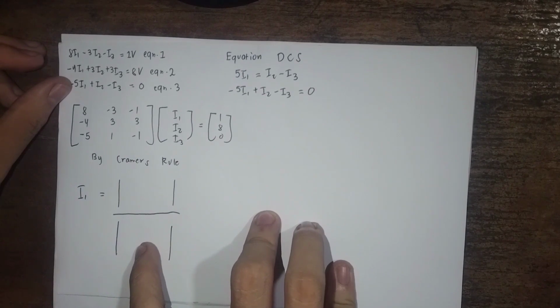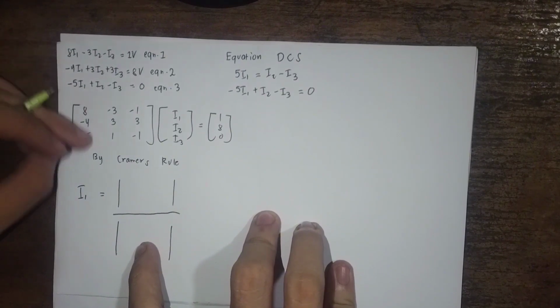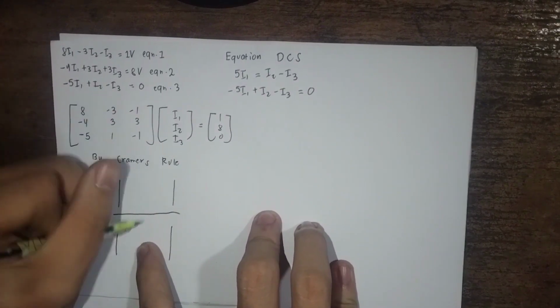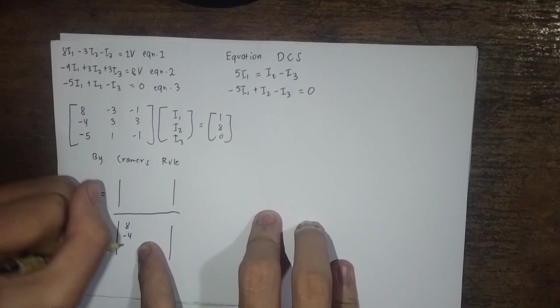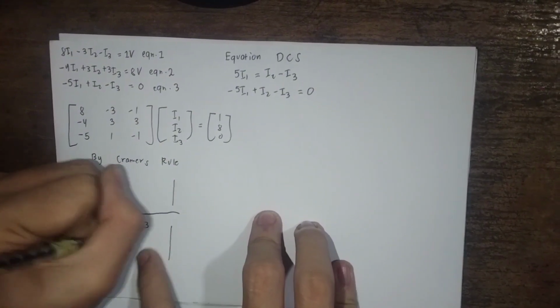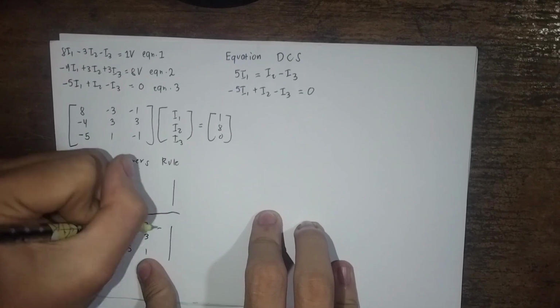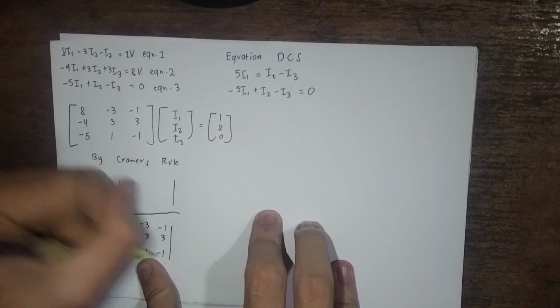The denominator is the determinant of all the values here: 8, negative 4, negative 5, negative 3, 3, 1, negative 1, 3, negative 1.